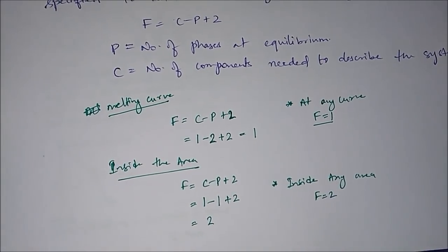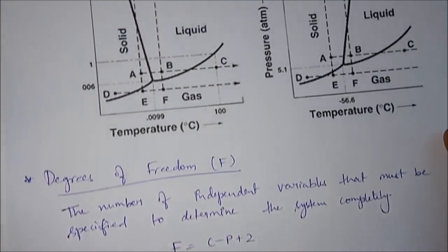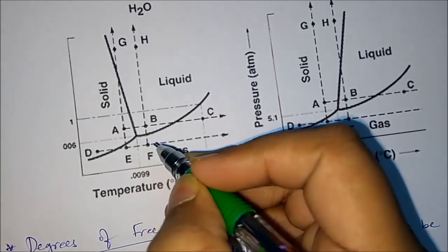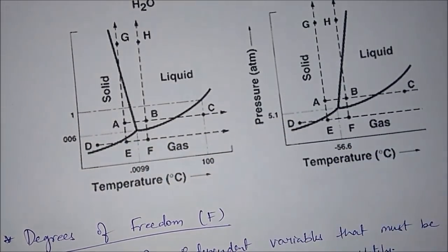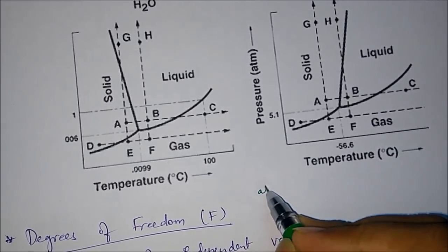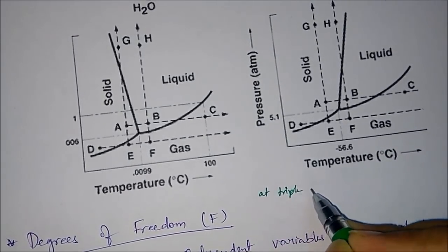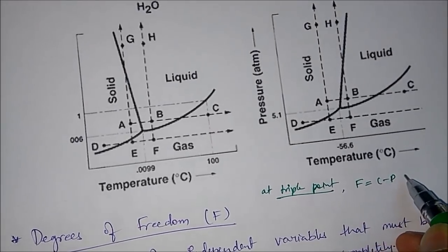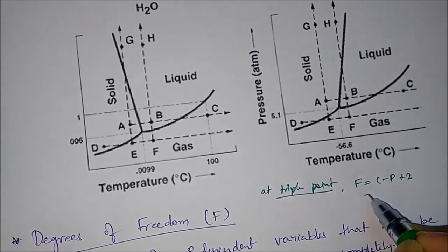Now let's talk about what happens at this point. This point is called the triple point. So at triple point, what will happen? F equals C minus P plus 2. So we have a single component. How many phases are in equilibrium?